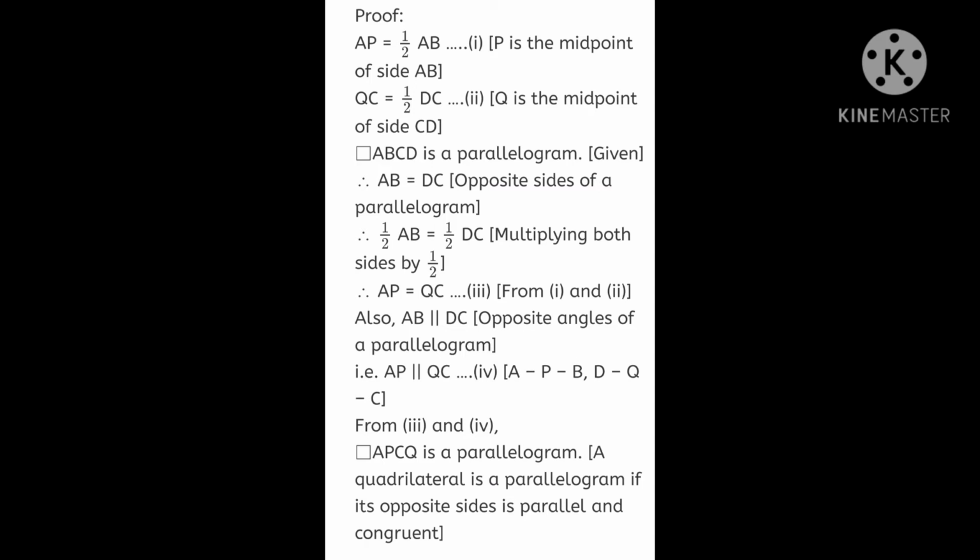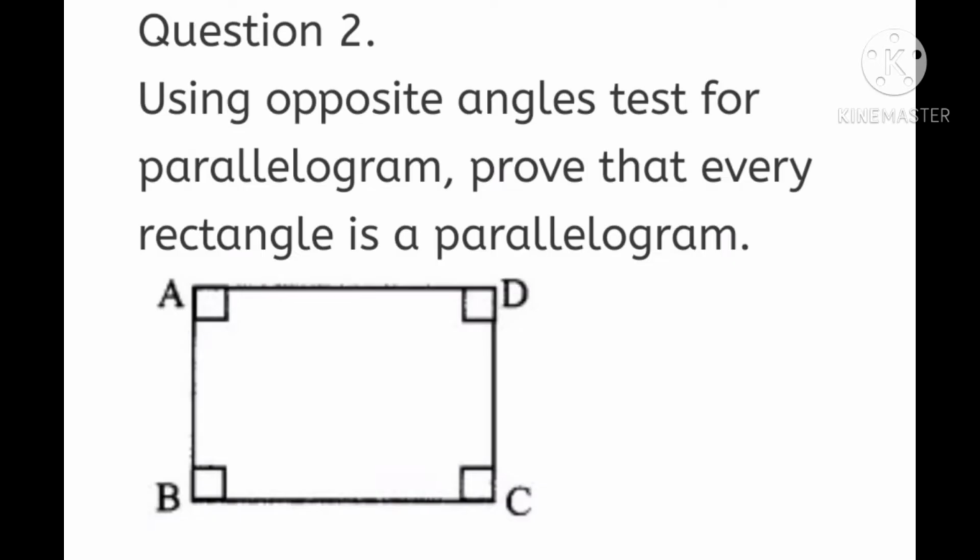Okay, so quadrilateral APCQ is a parallelogram, as opposite sides are equal and opposite sides are parallel. So here we proved quadrilateral APCQ is a parallelogram. Here we just applied the property of midpoint and property of parallelogram. Then we proved this question, that is quadrilateral APCQ is a parallelogram.